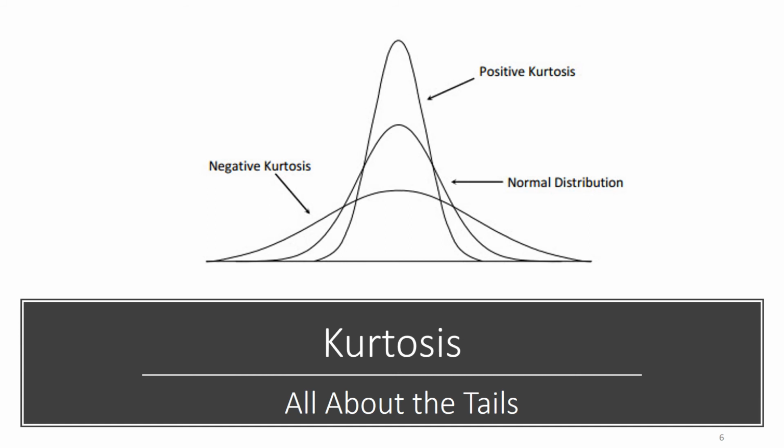Now keep in mind, this statistic is all based on the tails, not the peakedness. A lot of times the peakedness will change too. If you have fatter tails, then the data is kind of going away from the middle and going to the ends. Or if you have a high peak, then you don't have as much in the tails. But really, kurtosis, the calculation is all based on the extremities, or the tails.